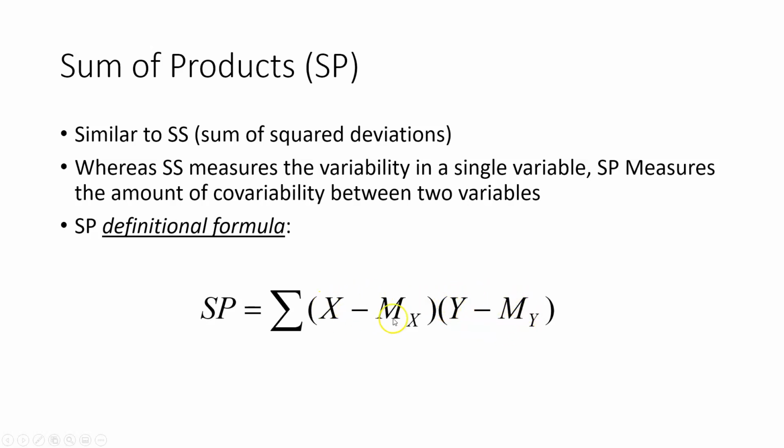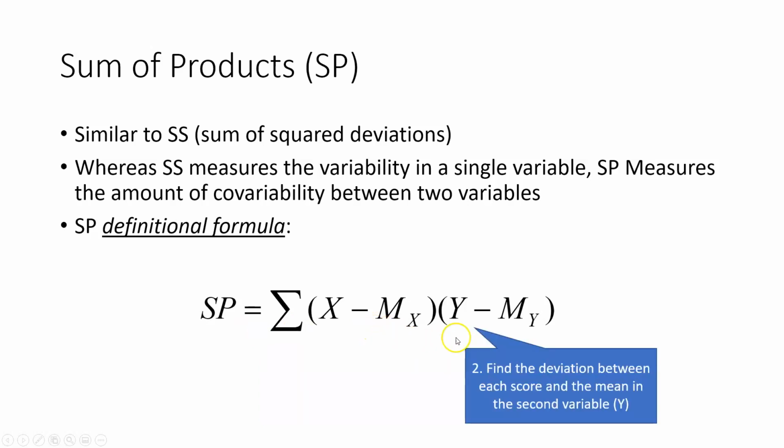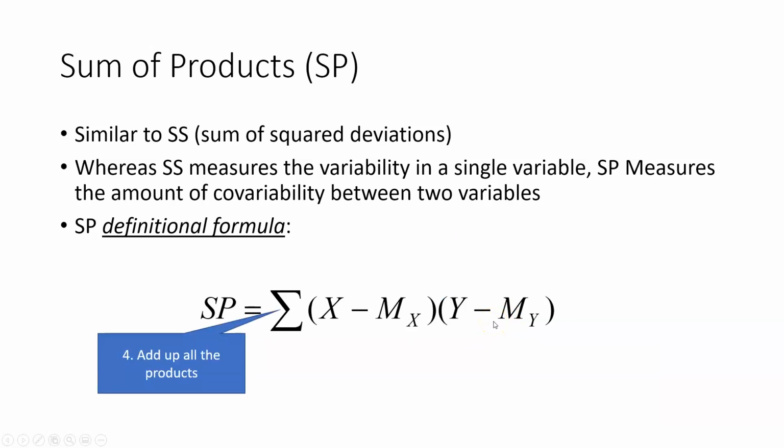And instead of squaring these, we multiply the two different types together, which is very similar to squaring. In fact, if they were the same distance apart on both variables, you would expect for them to basically be the same as squaring. And then you add them up, and you call this the sum of products. So just to review, this is the deviation between each score and the mean in the first variable, the deviation between each score and the mean in the second variable, multiply them together, and then add them up. That's the method by which you compute the sum of products.